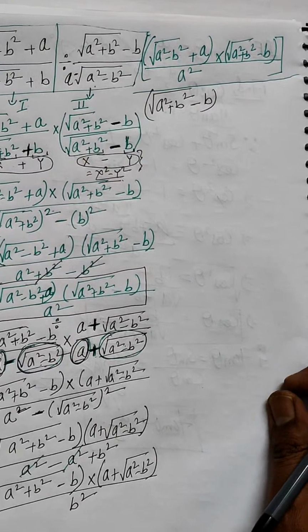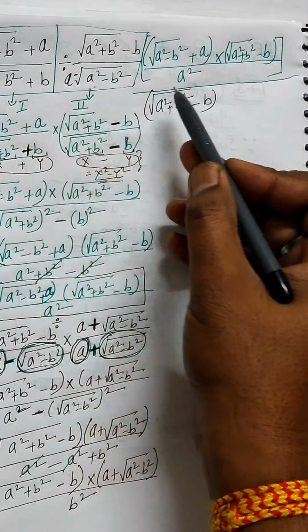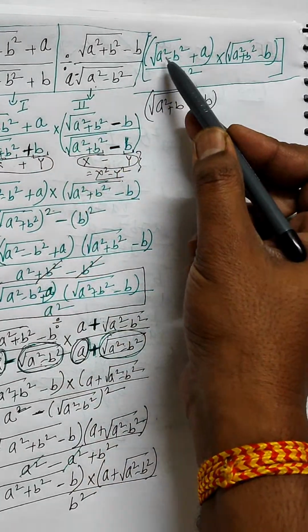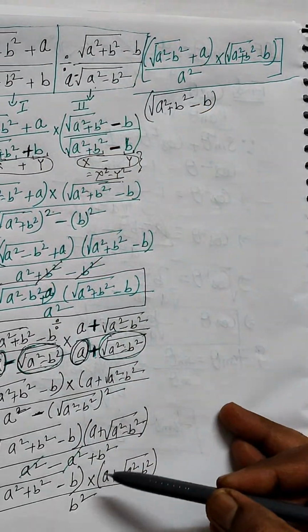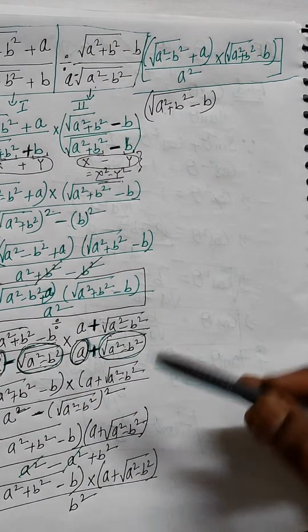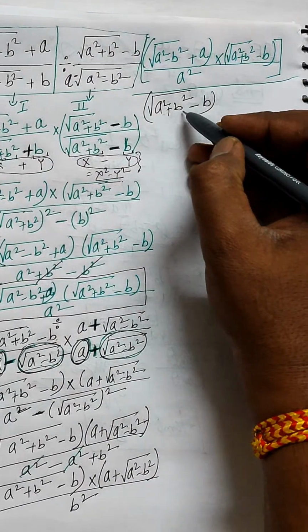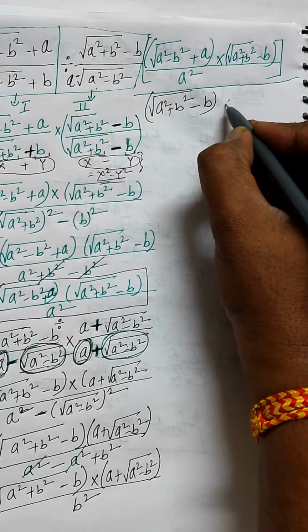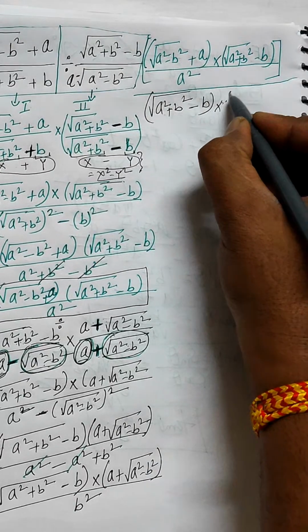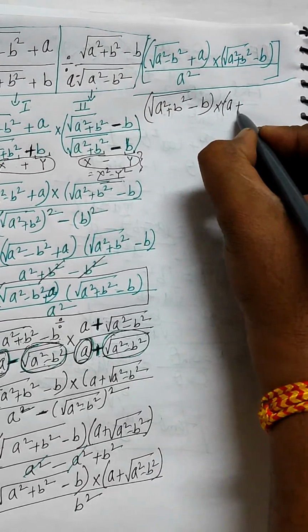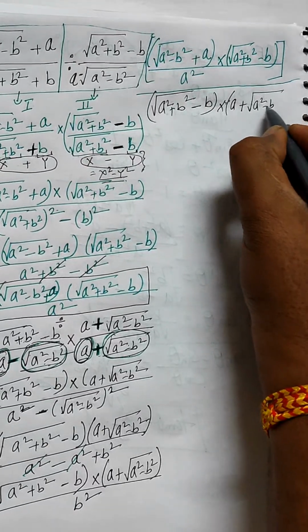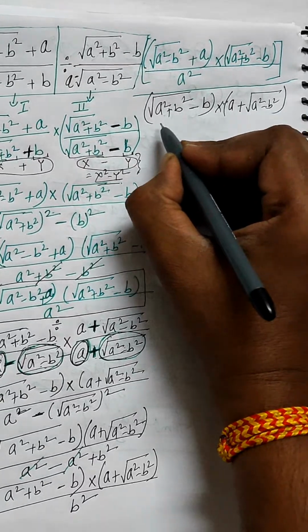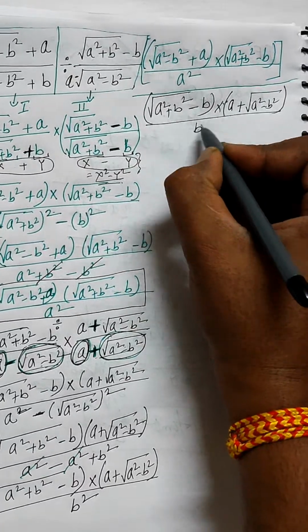Yes. So the first term is simplified as it is, as shown in the green, and the second term, this one, is simplified as this one. So just put the value. So a square plus b square minus b will be in the denominator, multiplied with a plus root over of a square minus b square, right? And this is divided by b square.